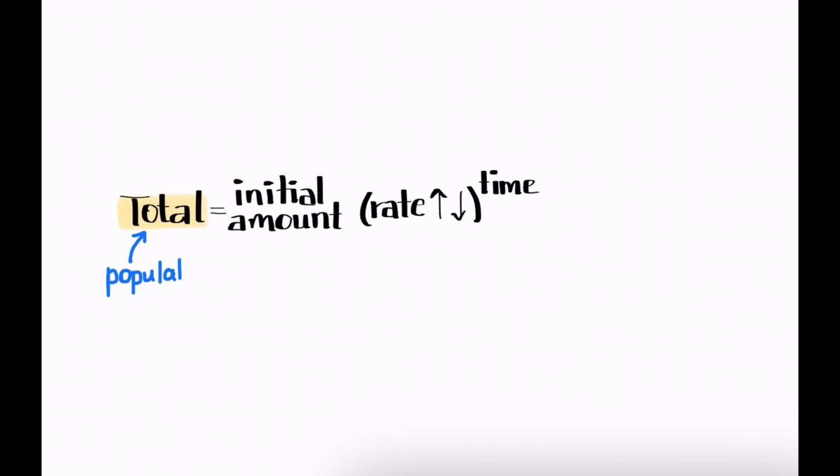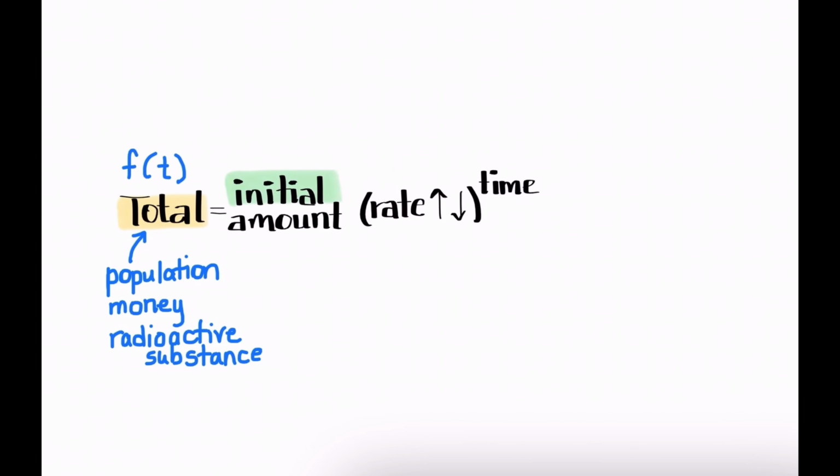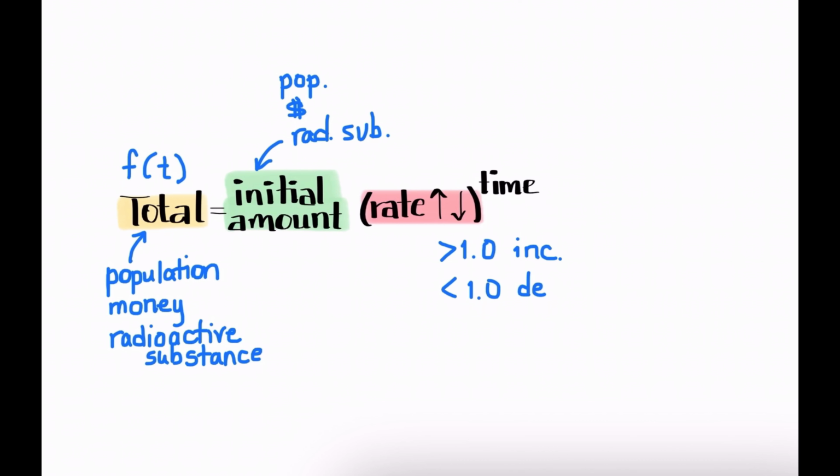The total represents the population, money, or radioactive substance at any given point of time, because remember that this is a function of time. The initial amount refers to the original amount of the population, money, or radioactive substance. The rate of increase or decrease, if it's greater than 1.0, indicates an increase, and less than 1.0 a decrease.